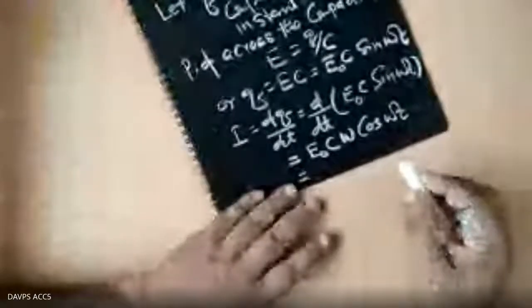We are getting current I equal to E naught C omega into cos omega t, and you have to write it in the form of a sine function, because in AC whatever you get is represented in the form of a sine function. That cos omega t can be written as sine omega t plus pi by 2.